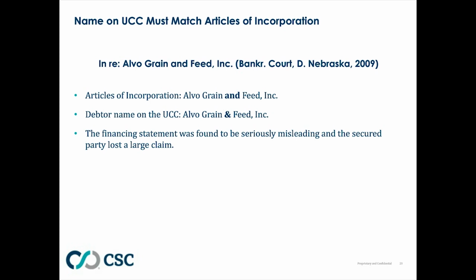But the debtor name on the UCC was Alvo Grain ampersand Feed Incorporated. So the financing statement was found to be seriously misleading, and the secured party lost a large claim. So something seemingly as insignificant as whether it's an "and" or an ampersand is actually very important when it comes to UCC.